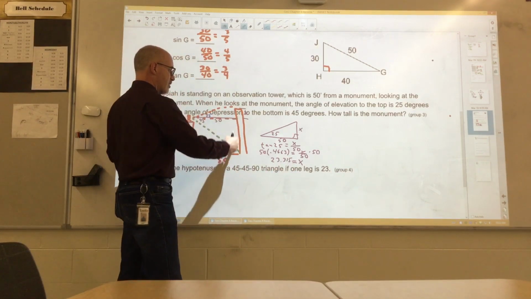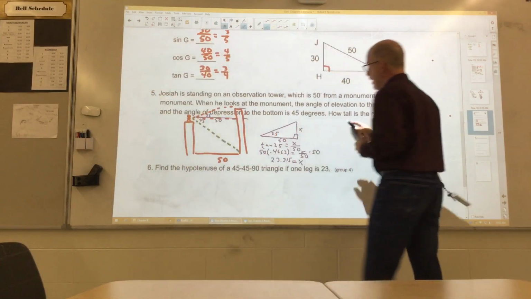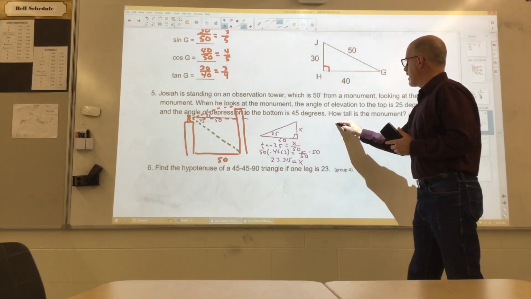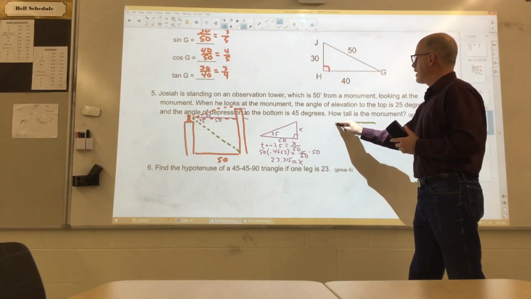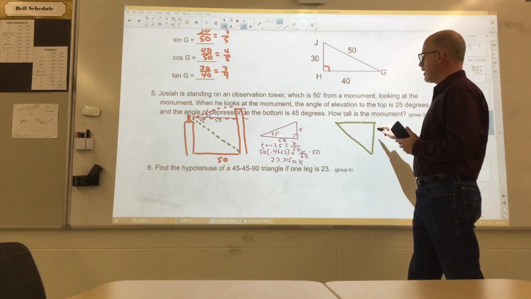All right, now let's do the other problem. Notice I've got a triangle here that I'm talking about. Okay, so that triangle, I'm going to set up here. So its angle of depression from there down to the bottom. We're looking for this side here.